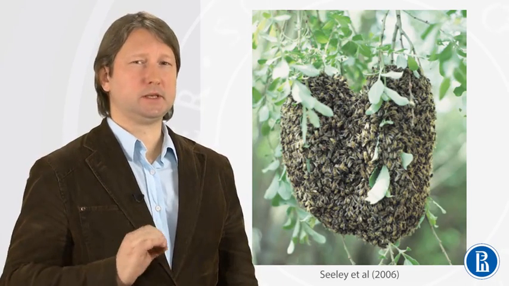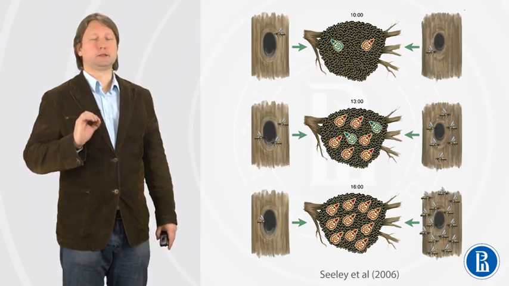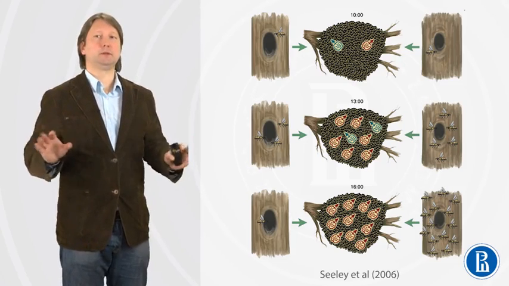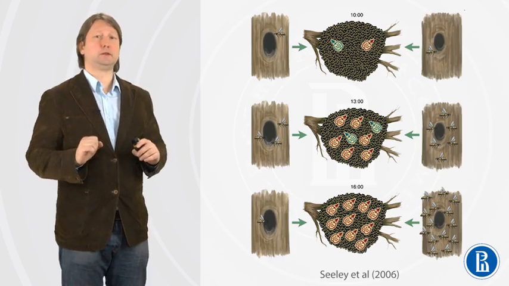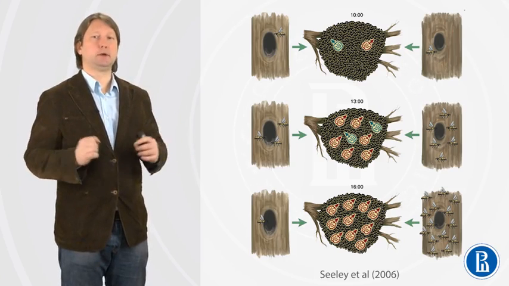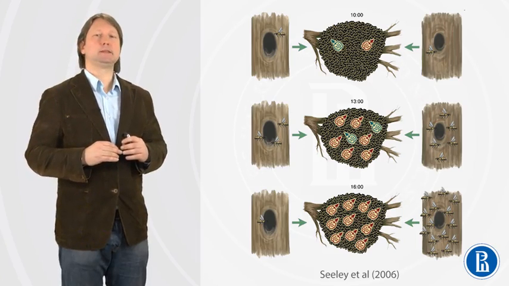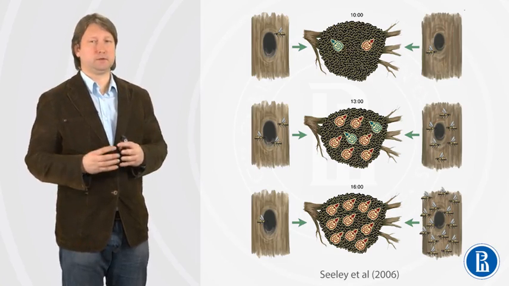And how is this decision achieved? There are specialized bees called scouts. They search the environment to find new places to establish the colonies. They come back to the swarm and they start to dance. In this dance, they encode the direction to the new home and the quality of the home.